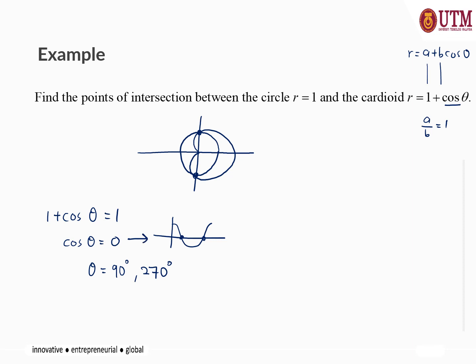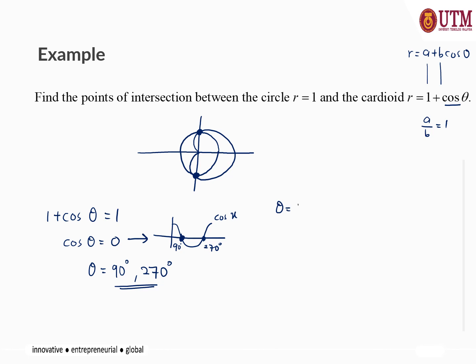This graph refers to cos x. Okay, cos theta equals 0 is when this value is 90 degrees and 270 degrees. So that's why the value of theta is these two. Okay, now we have obtained the value of theta. What we want to do next is determine the value of r.